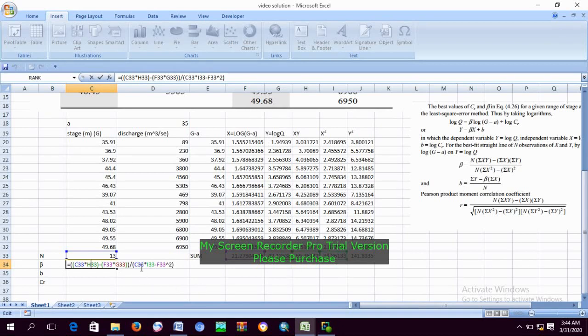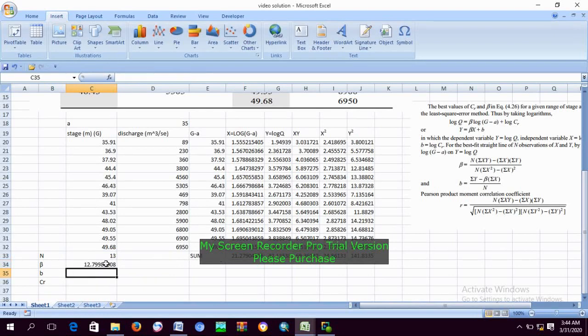In this, c3 means this value, n times the summation of x square, minus the summation of x, that means this value whole square.